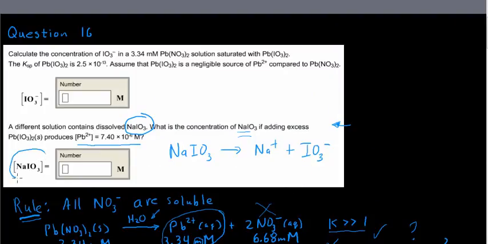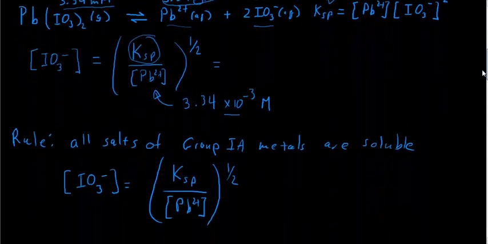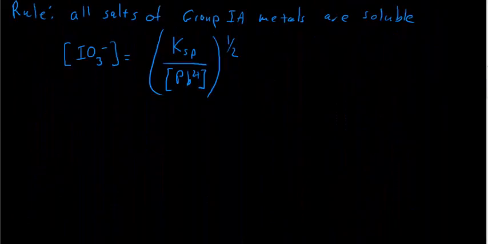But we're asked to find the NaIO3 concentration. So how many moles per liter of sodium iodate did you add to the solution if it produces this lead concentration? And it turns out that iodate has two sources. So we're going to write an equation for those two sources. So iodate comes from two places.